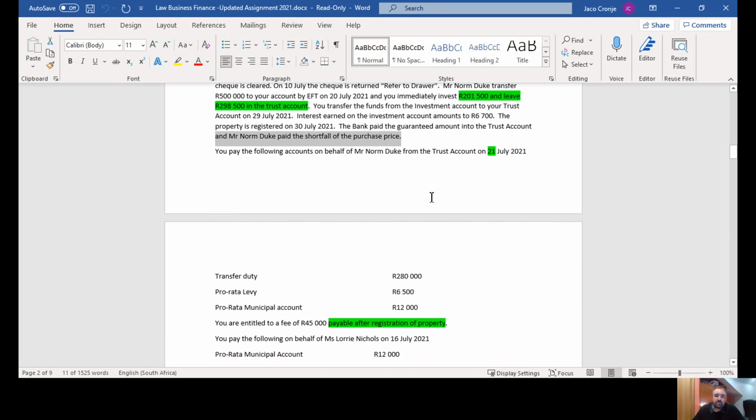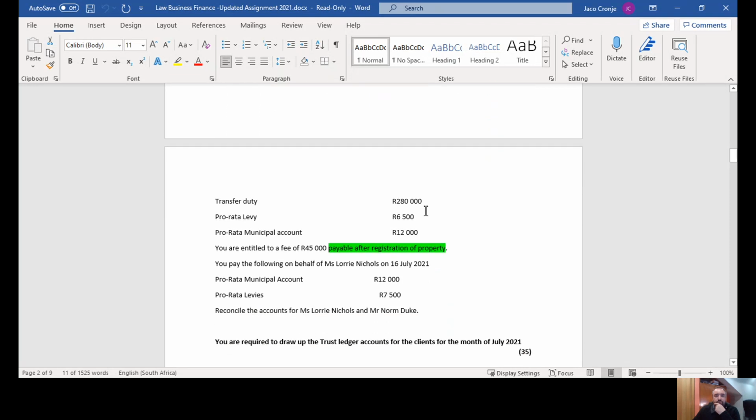Now, obviously, you're first going to have to pay out all of these amounts and the fees before you can actually see what the shortfall is. So they should have actually taken this line and added that as the very last one, because we can't at this point where they say paying the shortfall determine what the shortfall is, because we first have to go and pay transfer duty, levies, municipal, and our fee for doing the transaction.